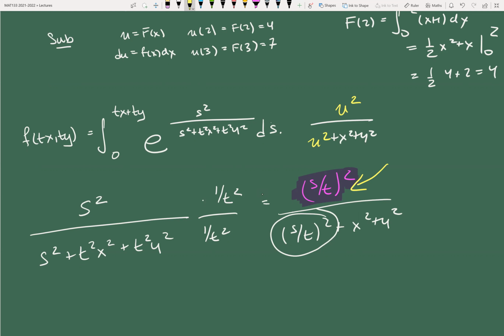What should u be in this expression? Davin, I multiplied top and bottom by 1 over t squared, but I don't know if you mean something else. Abdir, that's true. Substituting doesn't mean it's homogeneous, but when you do the substitution, you should hopefully get back to something that looks like the original function, which would allow you to relate it and hopefully make it homogeneous. But there's no guarantee that this thing is homogeneous.